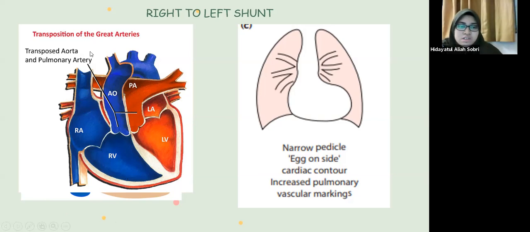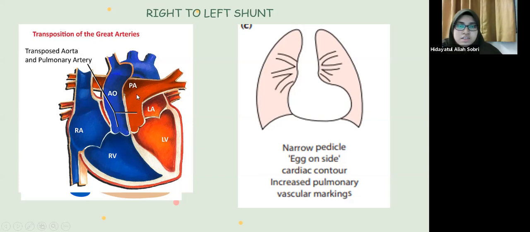So the right ventricle only receives blood from the body and then sends it back to the body, so there is no mixing between the oxygenated and deoxygenated blood. And same with the left ventricle, it receives the blood from the lung and sends the blood back to the lung.